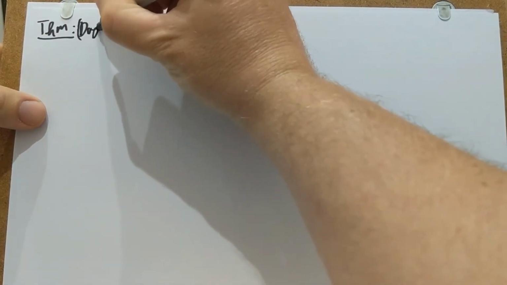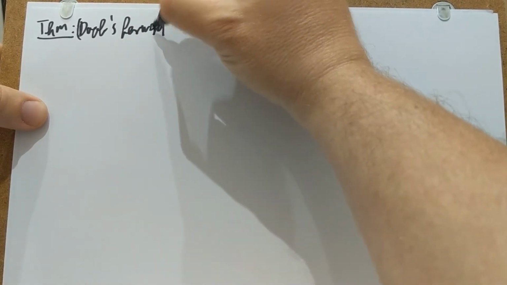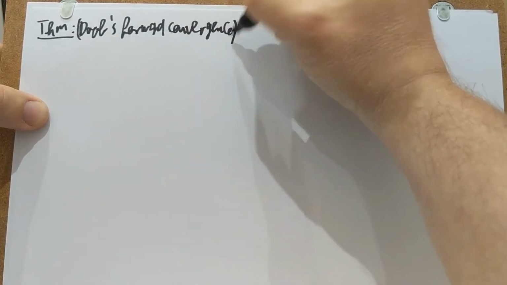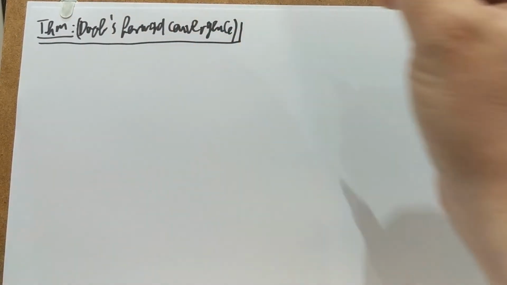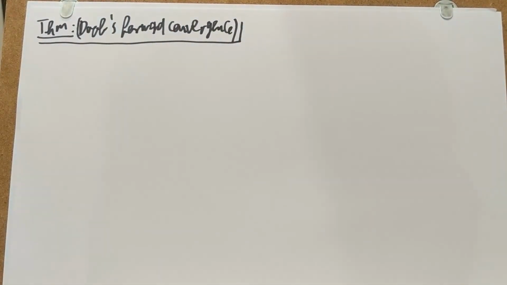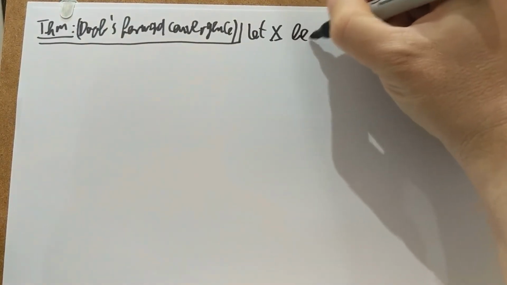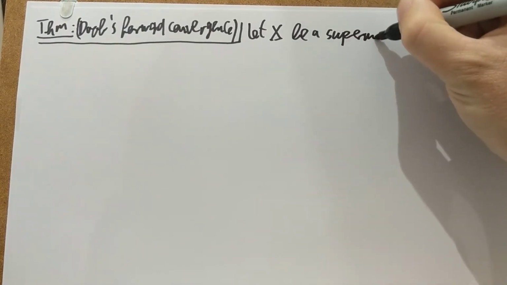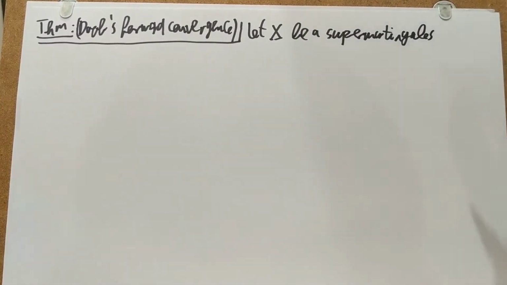So it's called Doob's forward convergence theorem. And it says the following. I start off with a supermartingale, and it's bounded in L1. So let X be a supermartingale. Again, supermartingales are the ones which are non-increasing in conditional expectation.